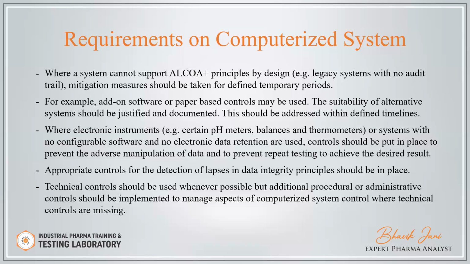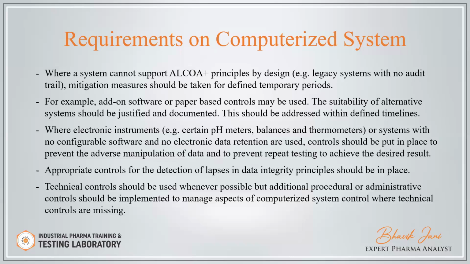Where the electronic instrument like the pH meter or balance has no software, then you have to give some procedure control, so the analyst cannot repeat the analysis without the authorization of the responsible person. You have to give some procedure control over that.